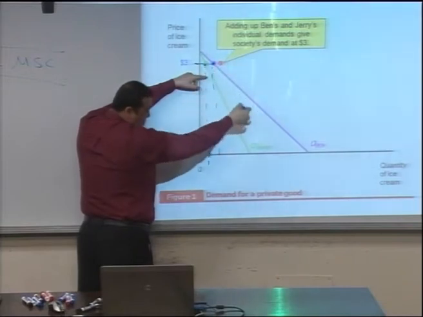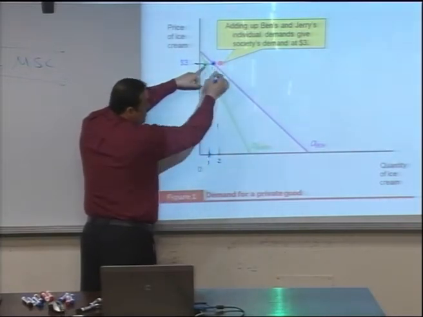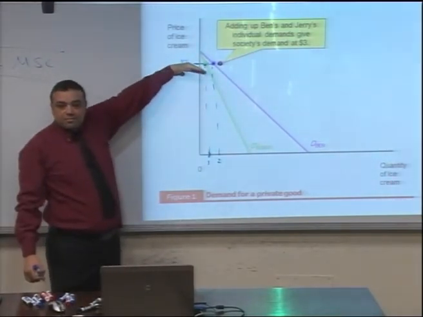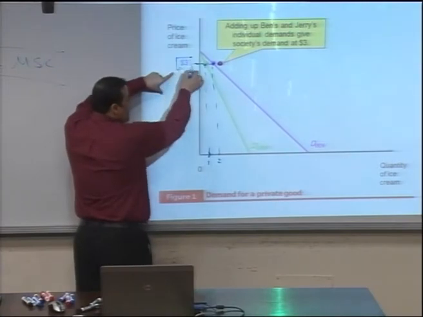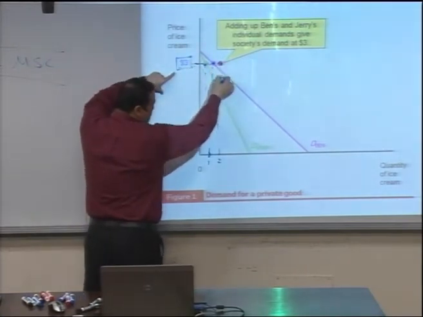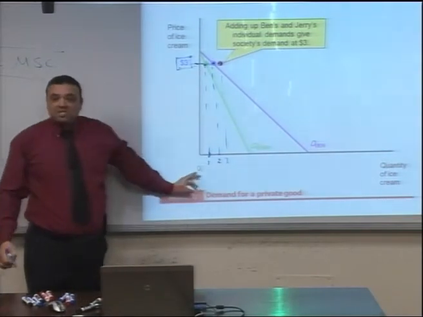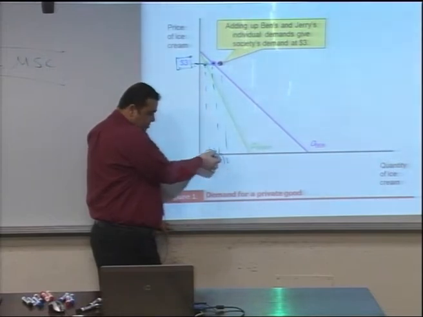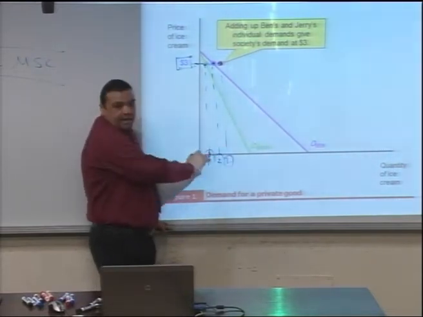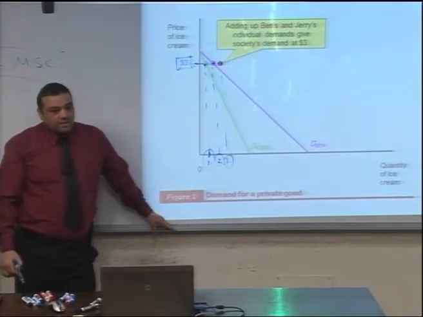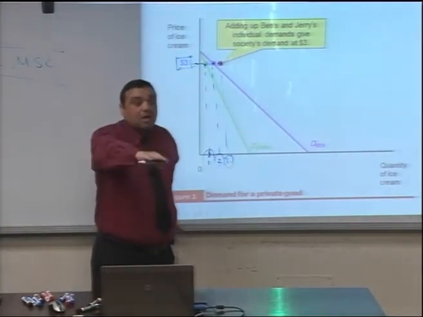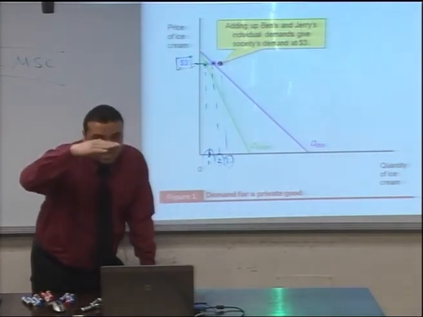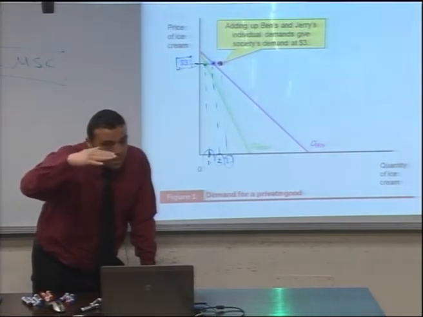For the community as a whole, at the price of 3, the total quantity purchased equals 3. The summation of the quantity purchased by Jerry and Ben, 1 plus 2 equals 3. Okay? Here we're talking about a competitive price, which means the price in the whole market is fixed. A similar price, okay?